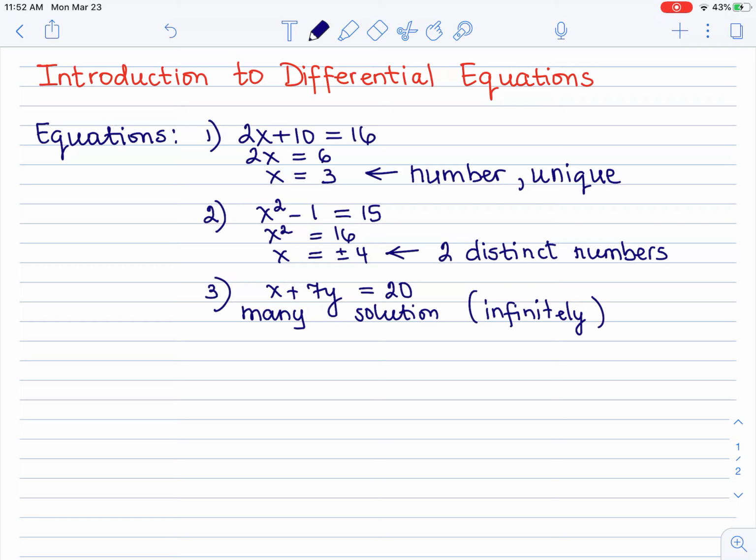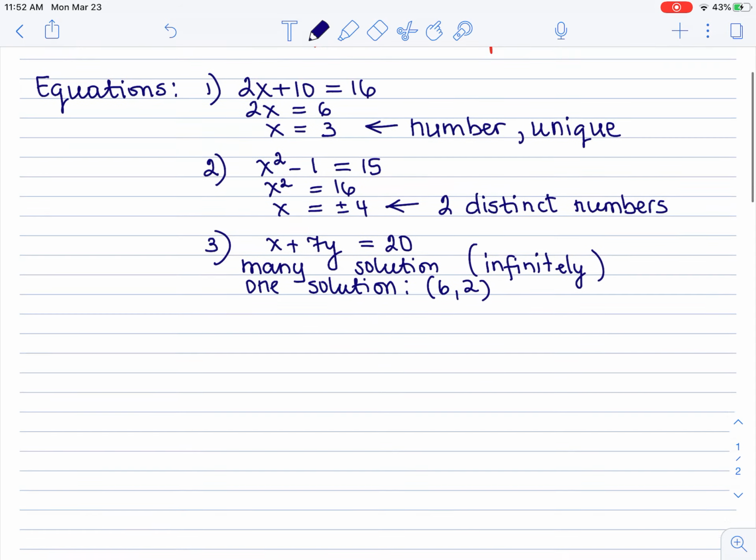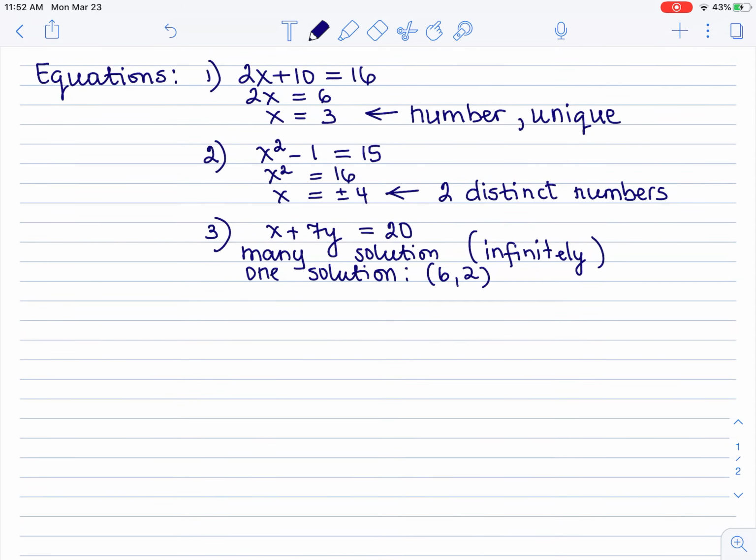Well, it's a line. It's a line in a plane. One particular solution could be, let's say, (6, 2). So solutions in this case are ordered pairs, and there are infinitely many of them.